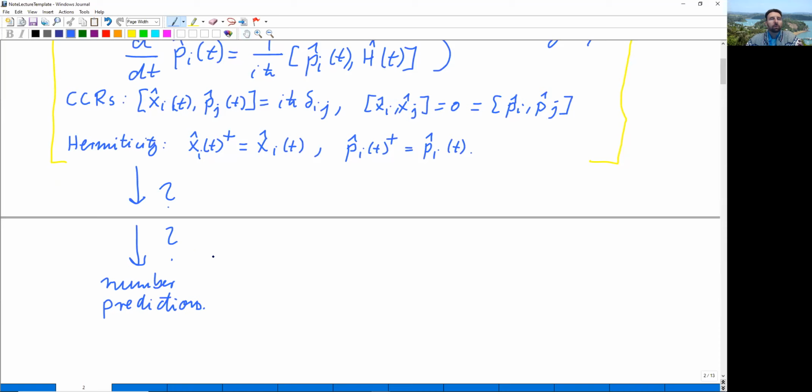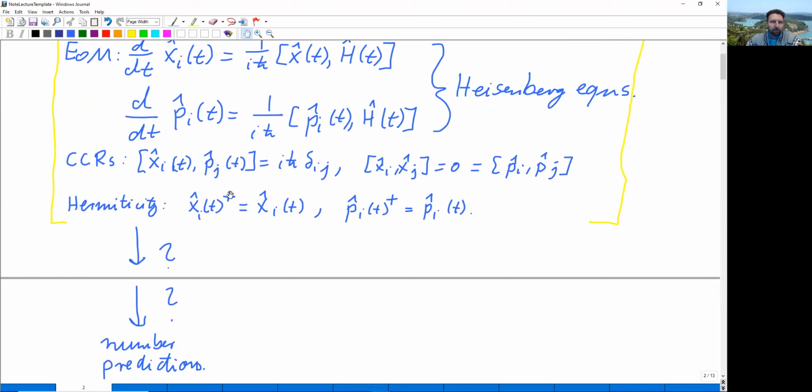But in order to climb down that hierarchy of abstraction, we need to take the first step. We need to go down from here one level further. And that level must be the level of the solutions to these differential equations.